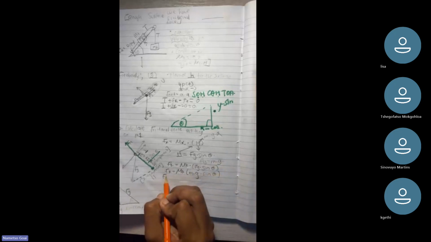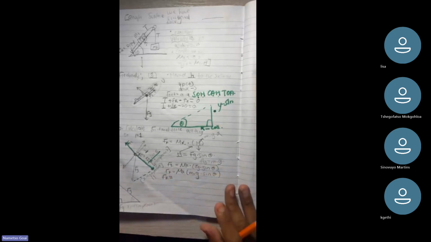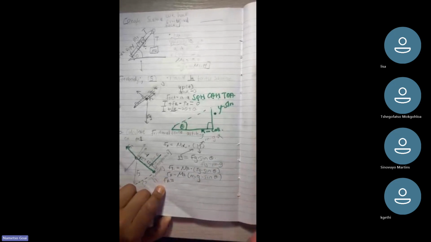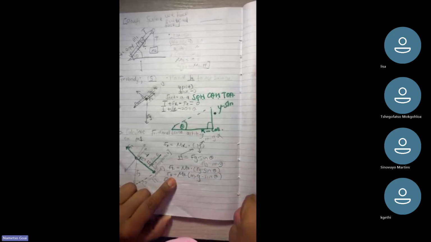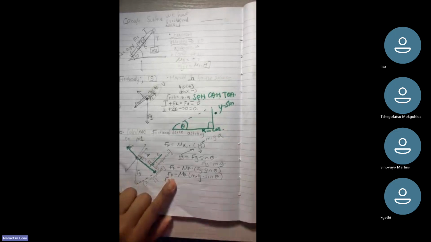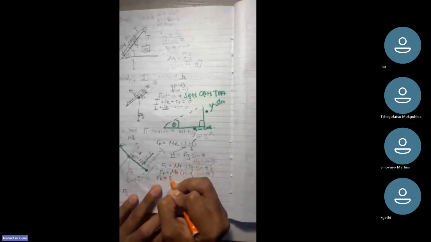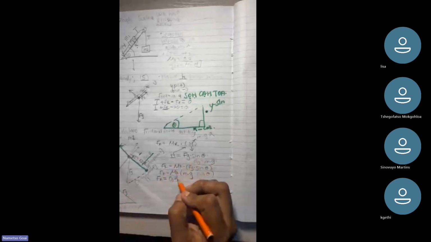So our Fk will be equal to, we're given the mu k as, what were we given the mu k as, guys? The coefficient. Oh, it's over here, 0.2. So they said the coefficient will be 0.2. What is the mass of the object?